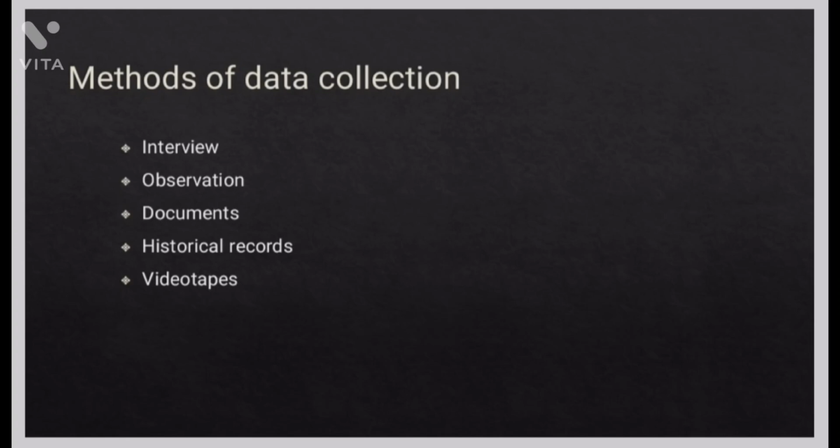There are different methods involved in collecting this data. The first one is the interview method, where the researcher asks certain questions to the participant and collects the data from them. The next ones are observation, documentation, historical records, and videotapes.